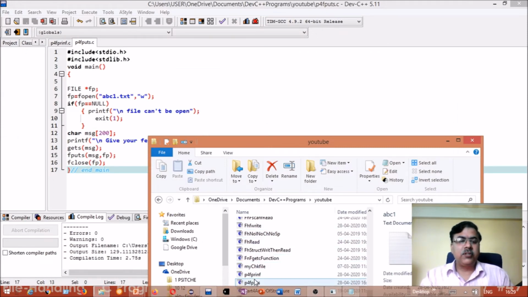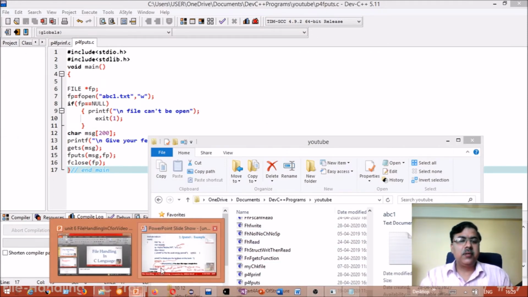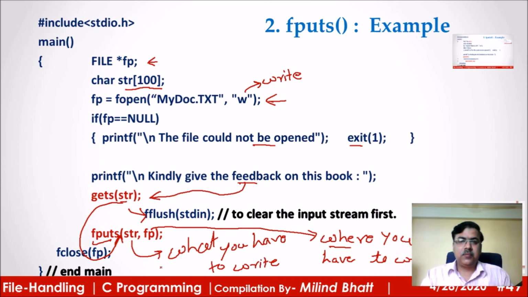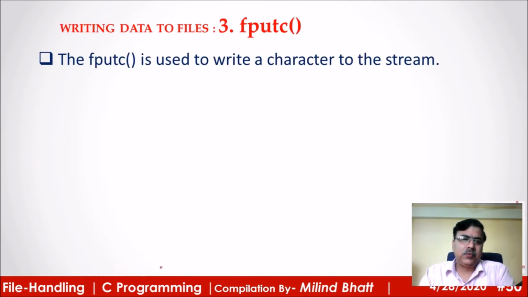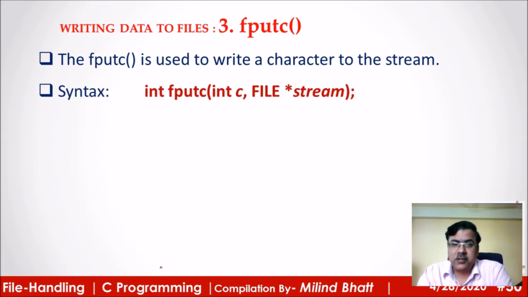Now move back to the slide. Next is fputc. The fputc function is used to write a character to a file, not a whole string, but character by character. Its syntax is int fputc(int c, FILE *stream).